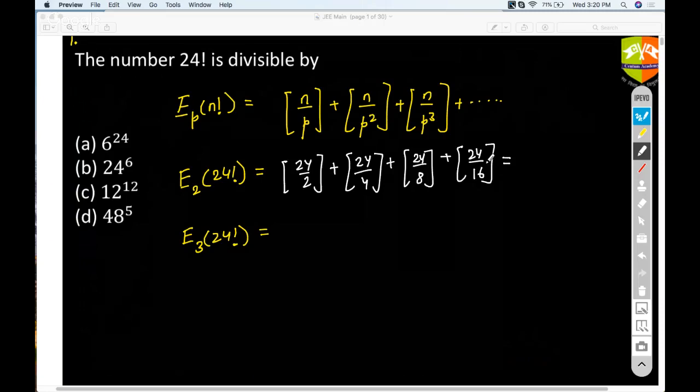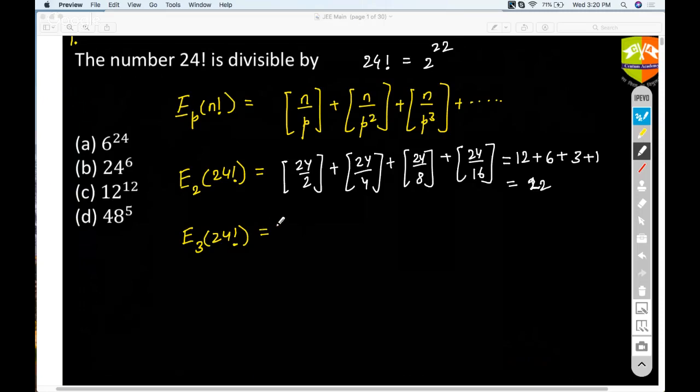So that will be 12, 6, 3 plus 1, which is going to be 22. So from 24 factorial we can extract the prime factor 2, 22 times.